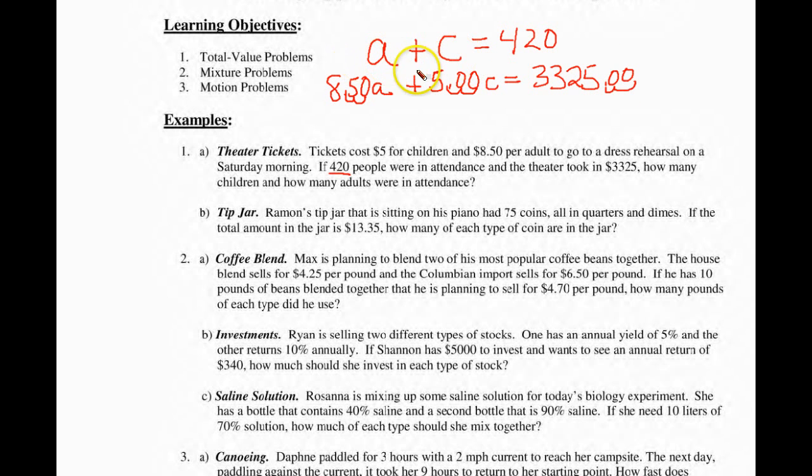And again, if you want to eliminate this one, multiply each term by a negative 500 here. These would cancel out, or you could use substitution. A equals 420 minus C. Now, I'm not going to solve them for you. The answers are below. Just want to help you get your equations set up.